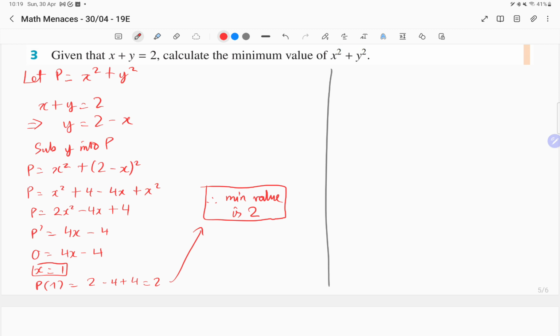Because I don't know where I went wrong. Ah, that's 2y squared, because y squared plus y squared.